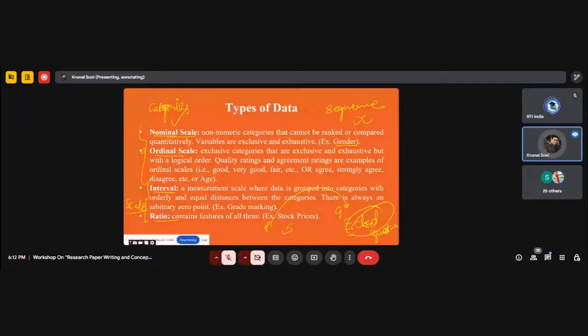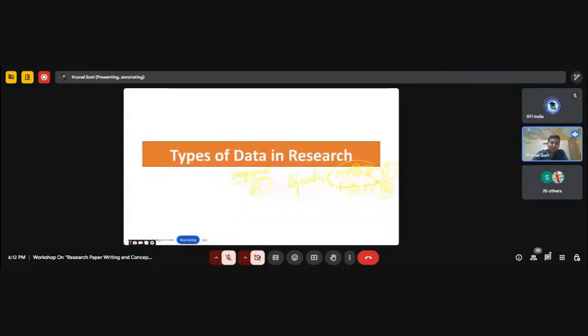And if I want to ask the age of the respondent in categories, right? Let's say I'm taking age. Now, let's say there are a few categories of age: 0 to 20, 21 to 40, 41 to 60, and greater than 60, right?